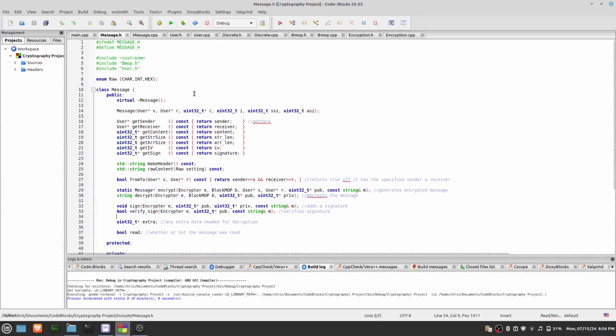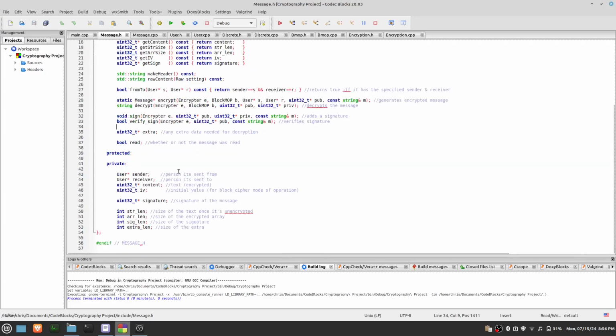But anyways, at the heart of this program is the message. So what's important on the message? The message has a sender, a receiver. It has the content, which is stored as a stream of 32-bit integers, and I'll tell you why it's 32 in a bit.